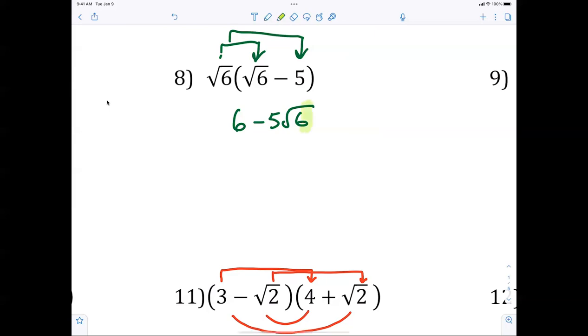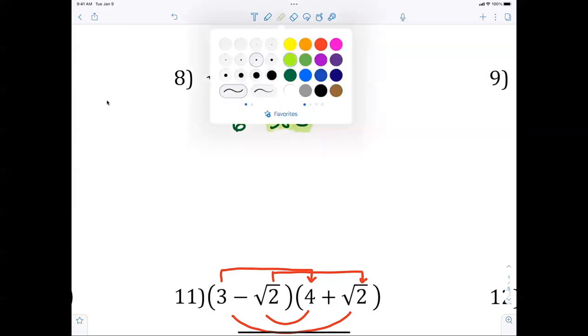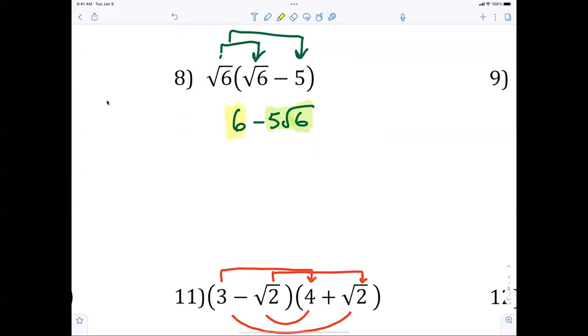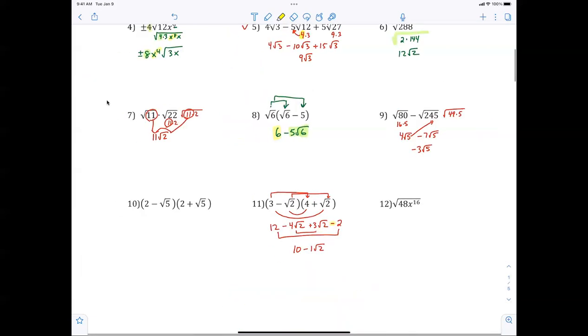This is called an irrational number. This is called a rational number. You can't put rationals and irrationals together. It's like X and Y. You don't put X and Y together. If I said, what's X times Y, you put it together as XY. If I say, what's X plus Y, that's the answer, X plus Y. You can multiply things. You just can't add or subtract them. Hopefully that makes sense.